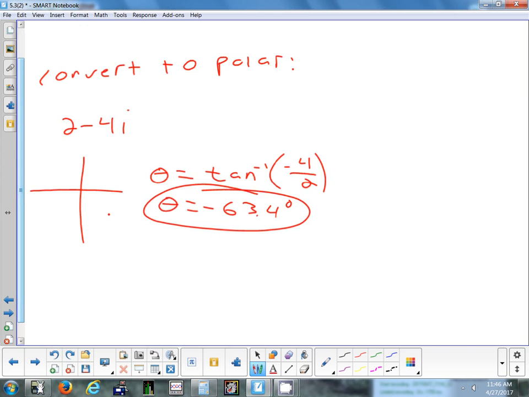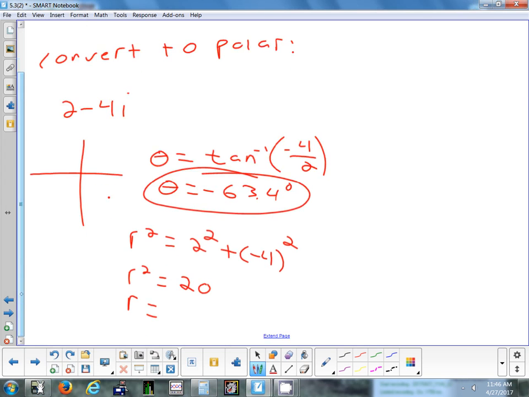Okay, and to find my radius, that's where you use the formula that looks like the Pythagorean theorem. r squared equals x squared plus y squared. Okay, what's x squared plus y squared going to give me? 20. So if we take the square root of 20, what does that reduce to? 2 square roots of 5.